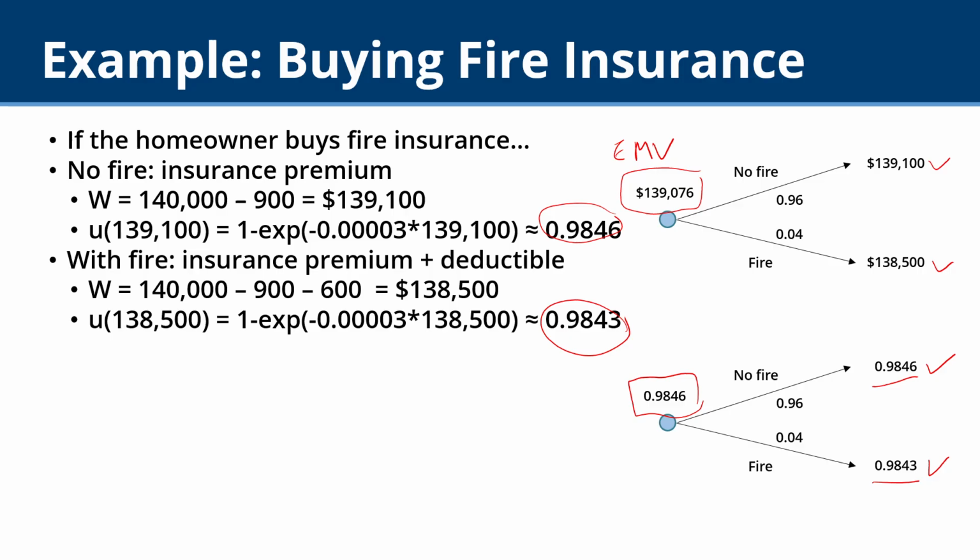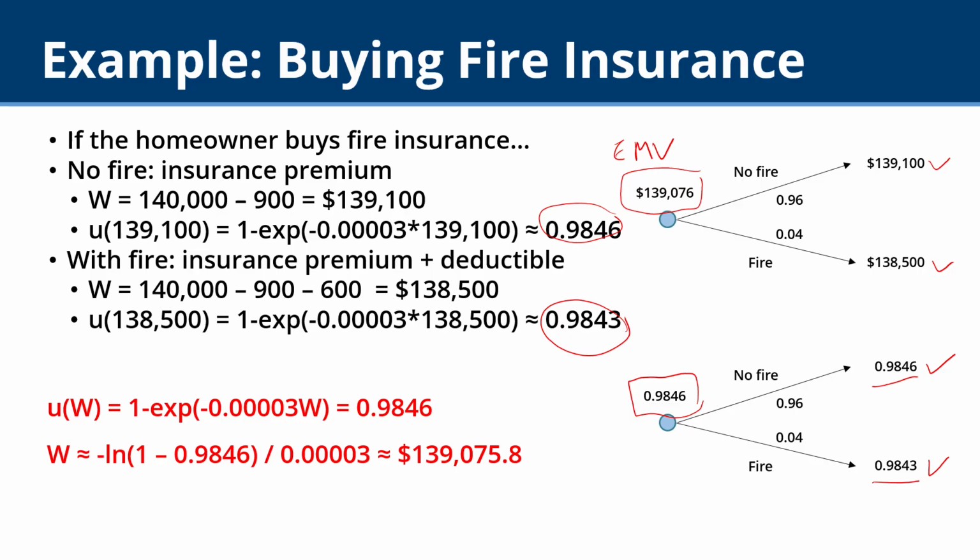Taking this, we could also calculate what the monetary value of this expected utility would be. As an add-on, I can do that as well. We're going to take that utility function, u equals 1 minus e to the negative 0.0003 times w, and set it equal to the expected utility 0.9846.